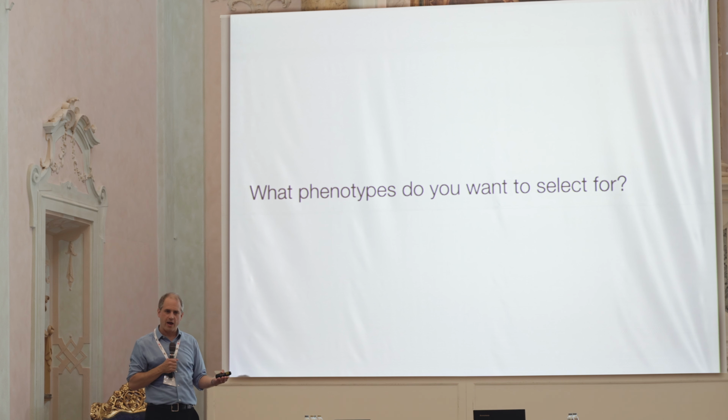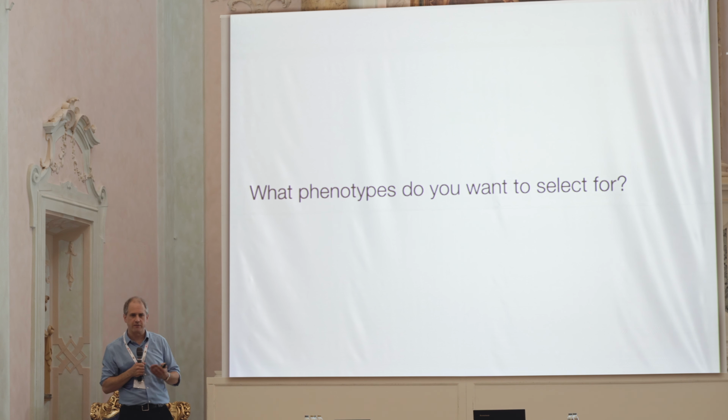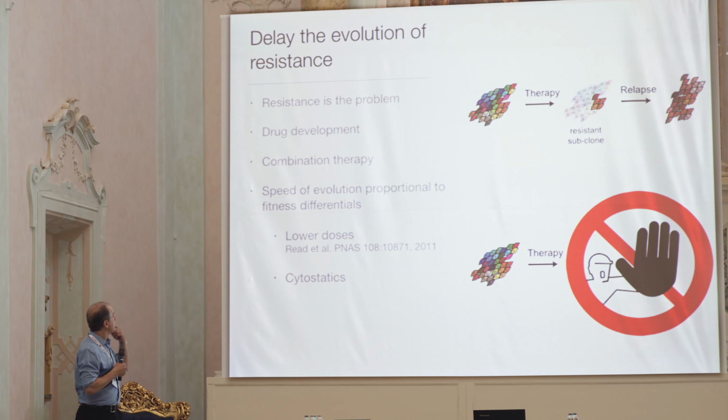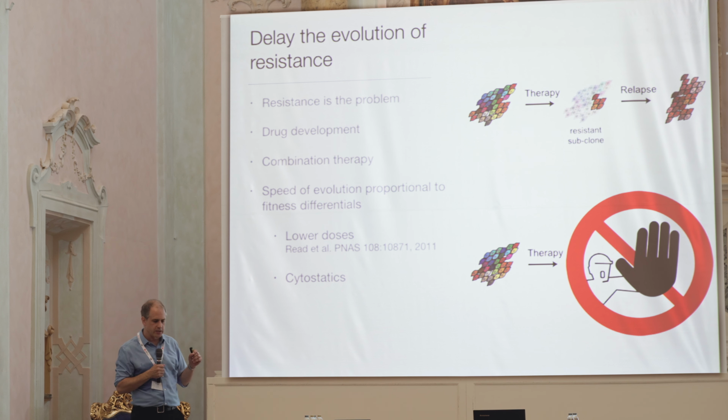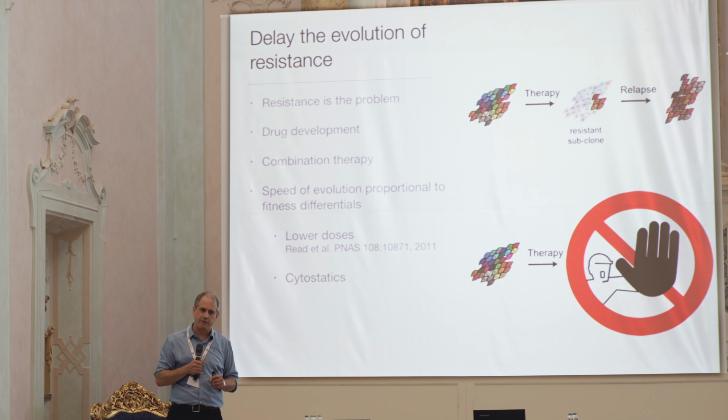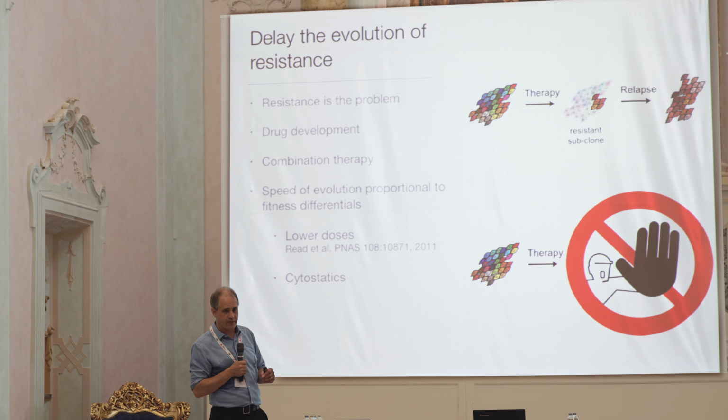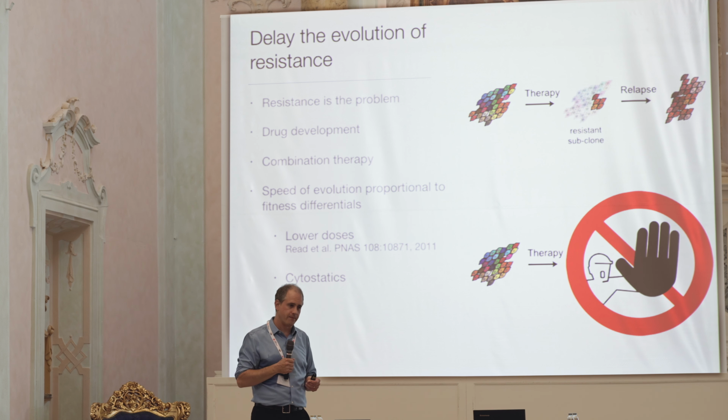So we should be thinking evolutionarily: how do we manage this evolving population? There's a bunch of possibilities, but an important aspect of this is that we've been blinded into trying to kill cancer cells. And the ultimate objective of therapy is not to cure cancer. The ultimate objective of therapy is to preserve life.